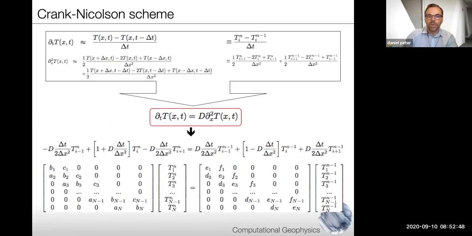And if you are brave, you can try and implement the Crank-Nicolson scheme as well. The expressions for it are given here already. And then once you have these matrices set up with the corresponding coefficients A, B, C, D, E, and F, then you can solve for the temperature field. So you can start stepping through the temperature field evolution.